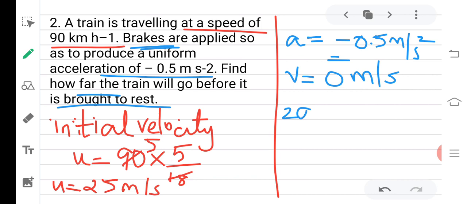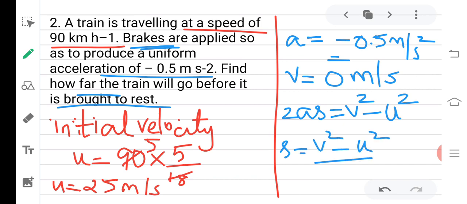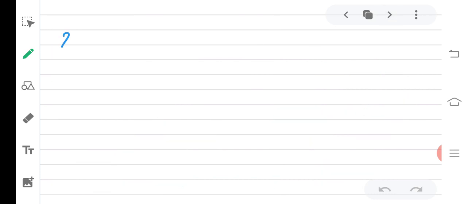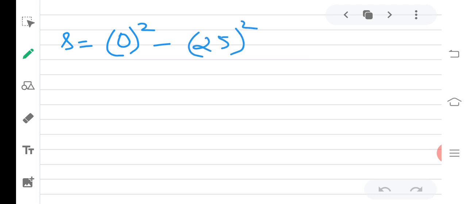The third equation is 2as is equal to v square minus u square. So s is equal to v square minus u square by 2a. So s is equal to 0 square minus 25 square divided by 2 into minus 0.5.